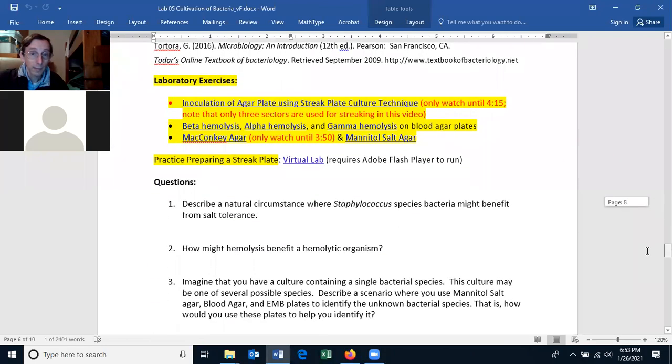And in this lab, you will be watching a video on the inoculation of an agar plate using streak plate culture technique. You only need to watch that until 4 minutes and 15 seconds. This is using a 3-sector approach instead of the 4-sector quadrant approach, but both are valid.